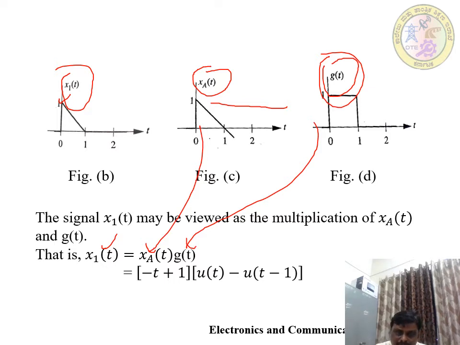right? Accordingly, this figure, this xa of t is minus t plus 1, right? You can see this. Accordingly, write it, multiplied by u of t minus 1.